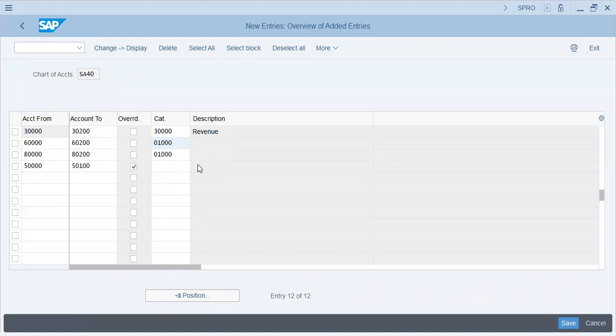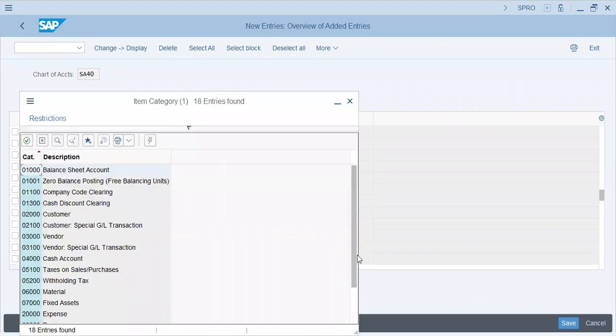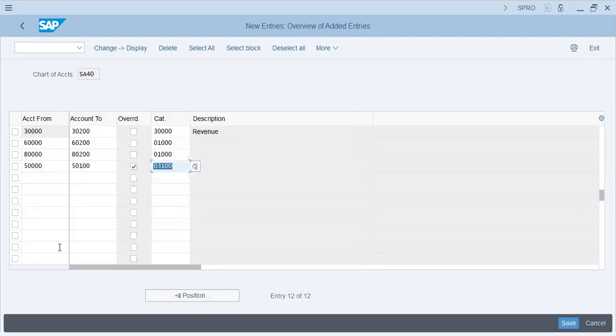Override, what is override and what is special GL? I will tell you in a while. Vendor special GL for vendors, and 50051 to 50100 override. Now what is override? Let me explain.